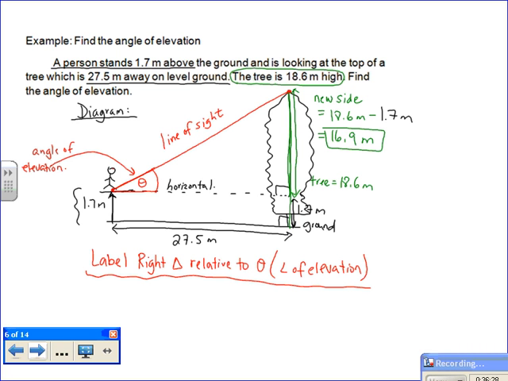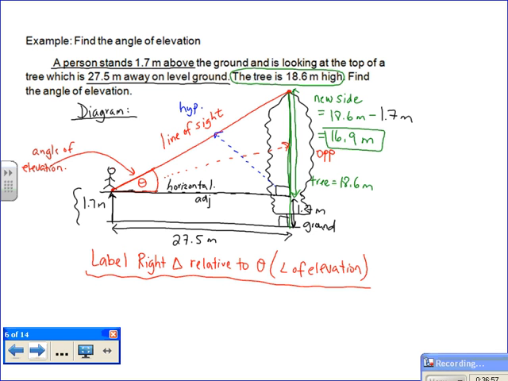The side that's opposite from my angle of elevation is over here. So this 16.9 is my opposite side. The hypotenuse is always the side of the triangle that's across from the right angle, which is the line of sight. And the leftover side is the adjacent side, which is this horizontal line right here.